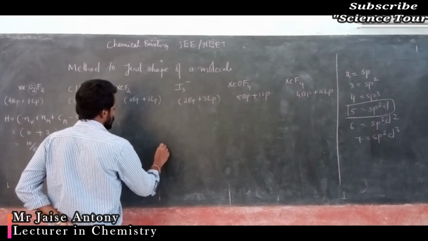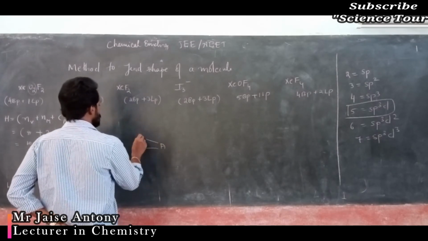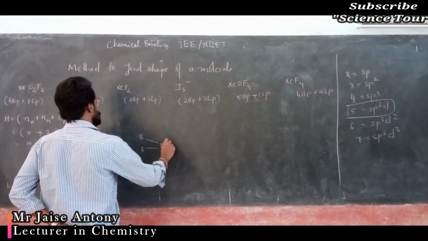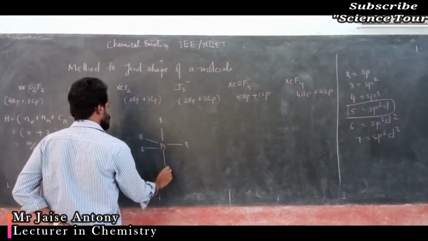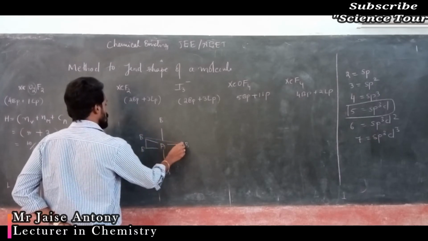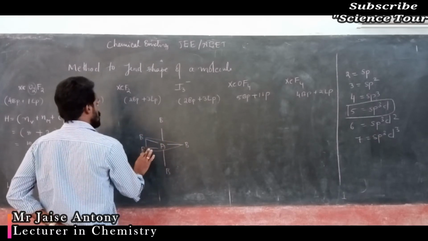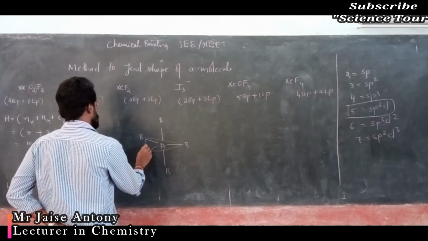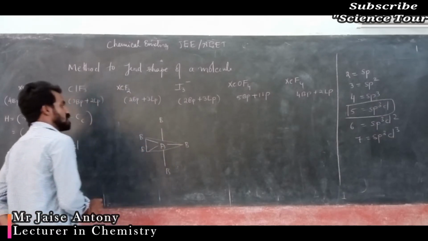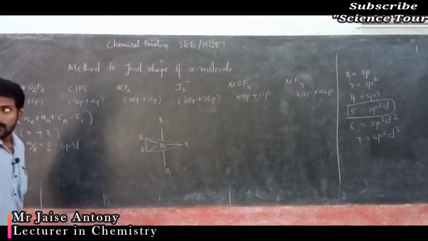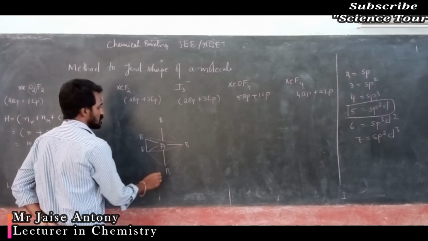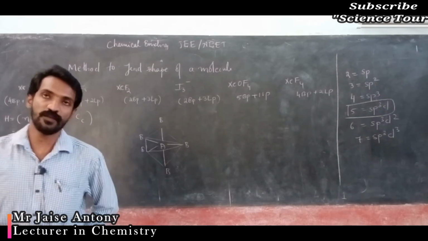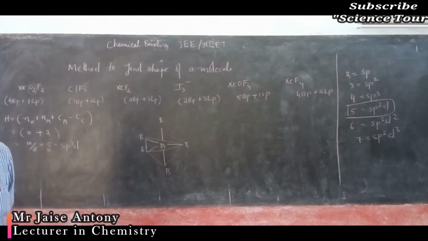Imagine this is atom A and B. This is actually trigonal bipyramidal, two pyramids, one here and one here. Trigonal bipyramidal shape, trigonal bipyramidal geometry.